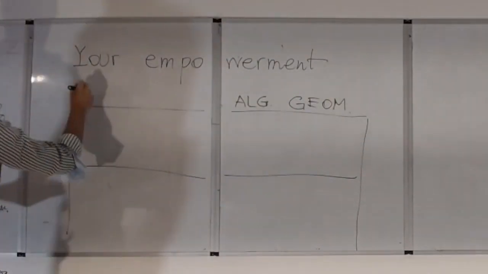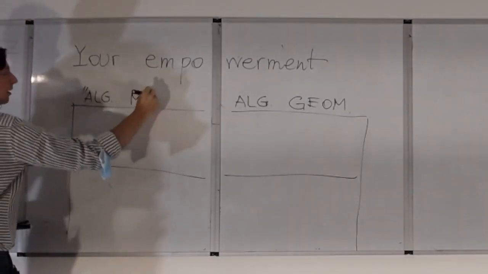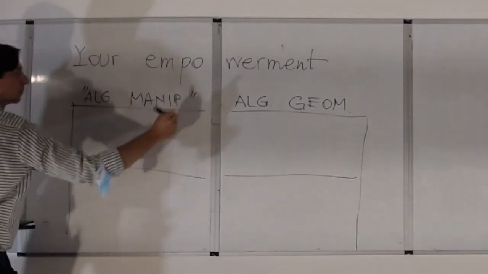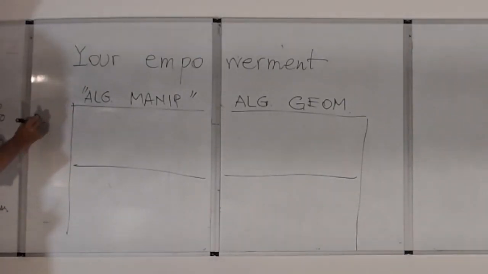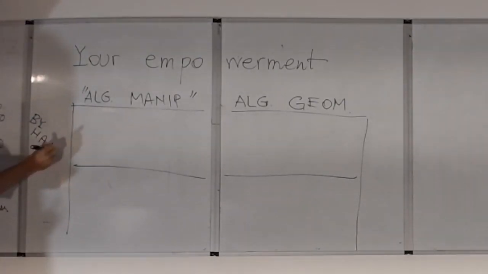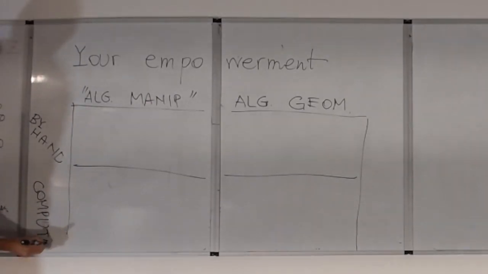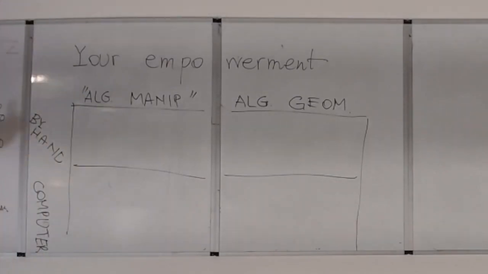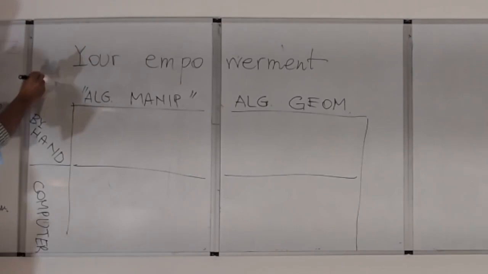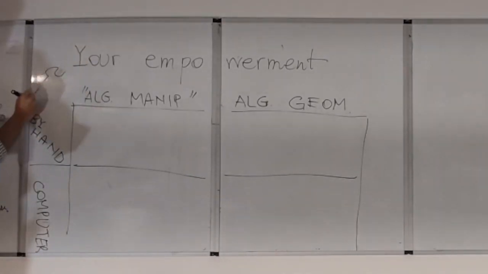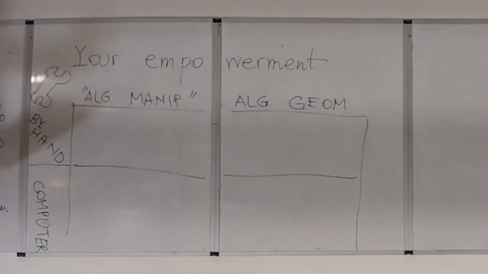And here let me write algebraic manipulations, even if it's not a correct term. And here I would say by hand, and here I would say computer. Is it readable? Yes. Okay. And so somehow I want to make a map of tools that you have available to compute Hurwitz numbers.